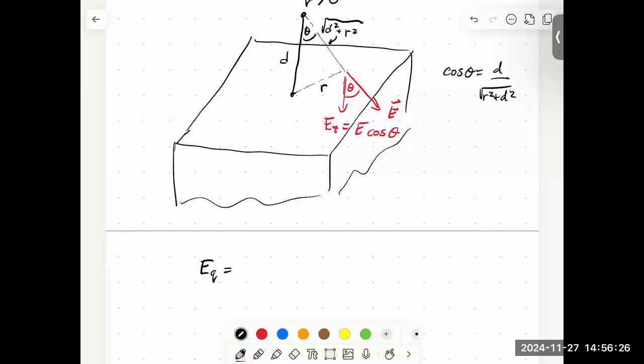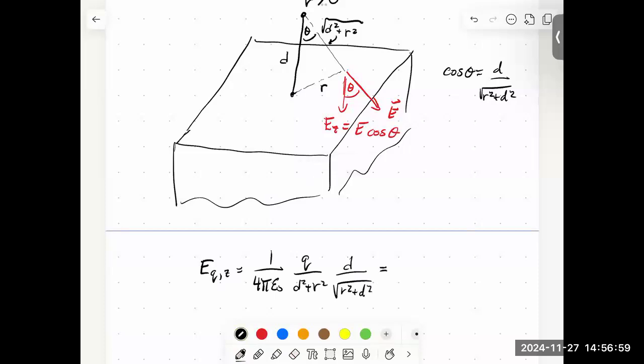Okay, good. For our point charge, we know how to calculate electric fields from point charges: 1 over 4 pi epsilon naught, Q over the square of the distance. If we want just the z component, it's 1 over 4 pi epsilon naught, Q over the square of the distance, which is d squared plus r squared, times the cosine of theta, which is d over the square root of r squared plus d squared.